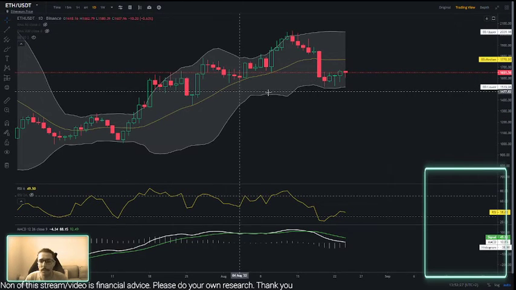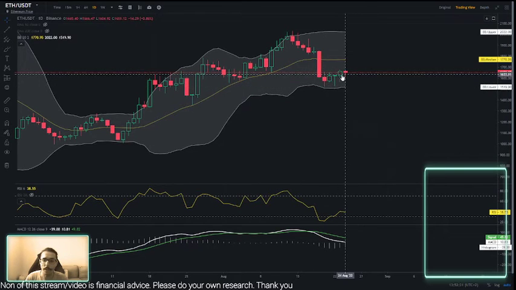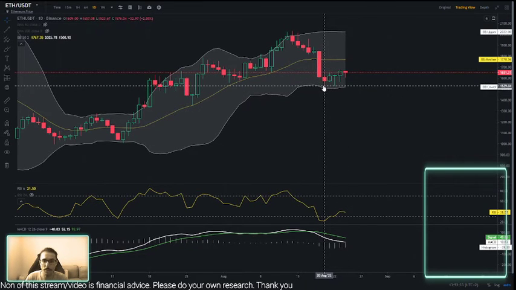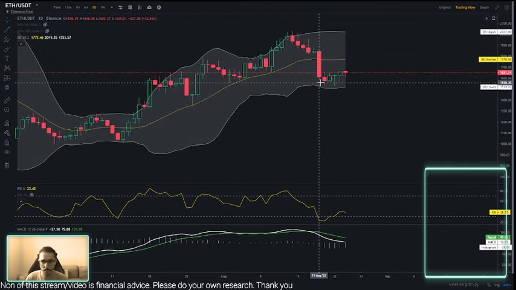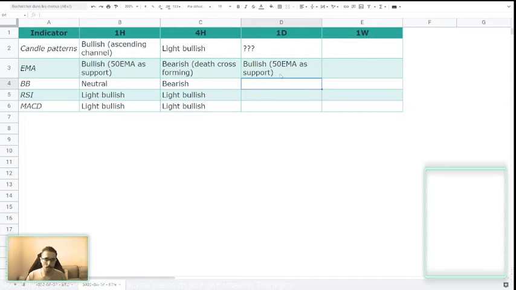Now the Bollinger Bands. Bollinger Bands look pretty bullish to me too, because again, we tested a few days ago the bottom of the Bollinger Band, and we are slowly climbing up this Bollinger Band. So this is a no-brainer. Bullish here. Now the RSI indicators.